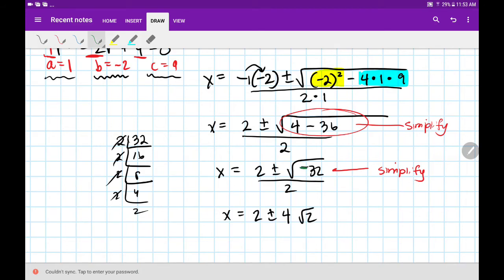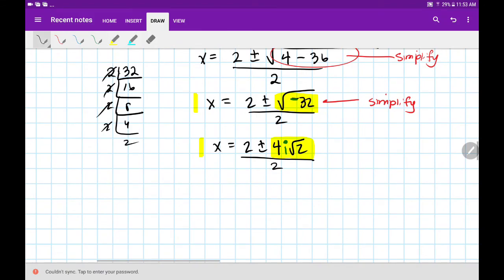But wait, there's a negative inside. That means I've got an imaginary number, all over 2. So in case you got lost in that step, I just simplified this. You can use a factor tree or whatever method you use, and you should get 4i square root 2.